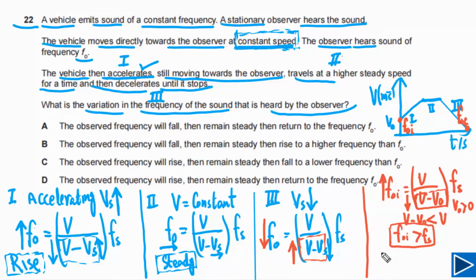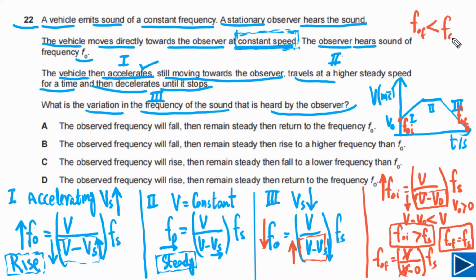Now if you look at the final observed frequency, f0f is equal to v over v − 0, and this is multiplied with fs. So in this case, this v will be cancelled with this v. The final observed frequency is simply equal to the frequency of the source. The final observed frequency is less than the initial observed frequency. Very important point. We need this one for the answer.